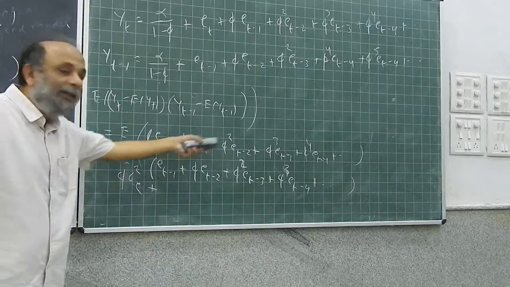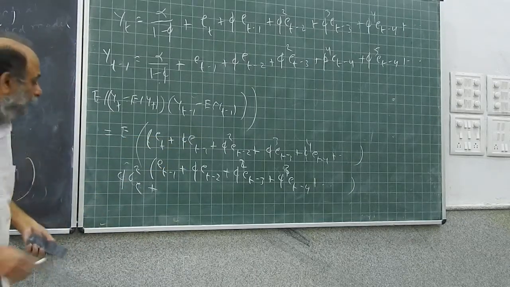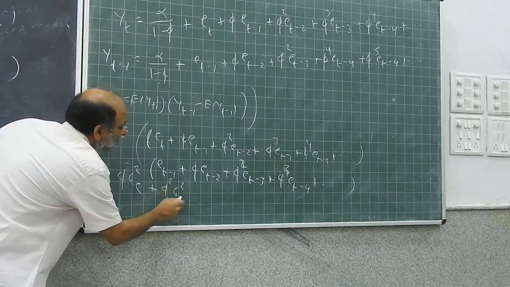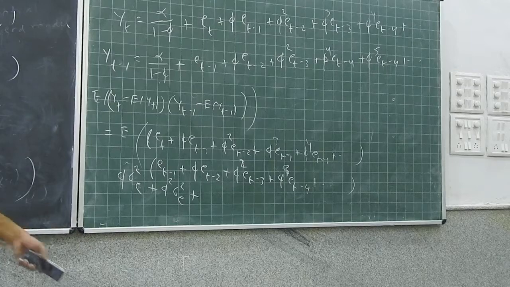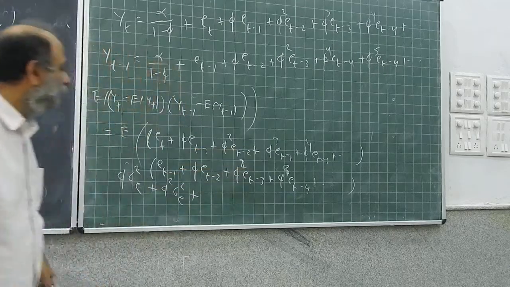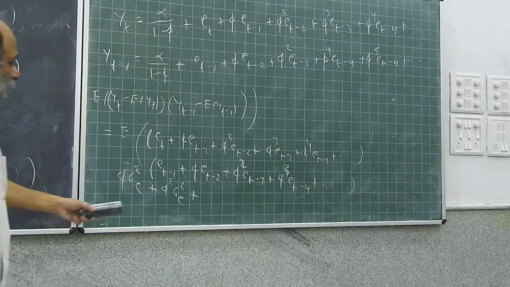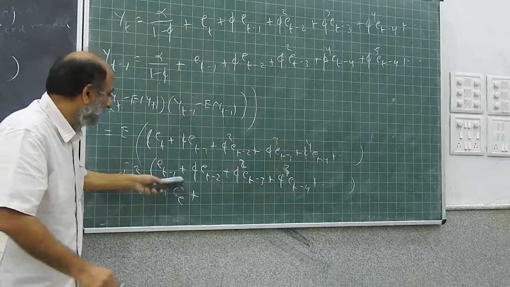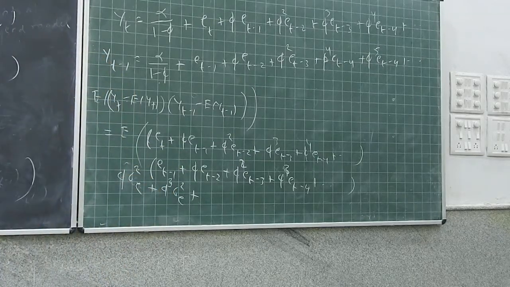If I multiply with e_{t-2}, what will I get? Phi square e_{t-2}. That will be phi square sigma square e, right? Plus, now when I multiply with phi cube e_{t-3}, what will I get? Phi cube sigma square e, right?